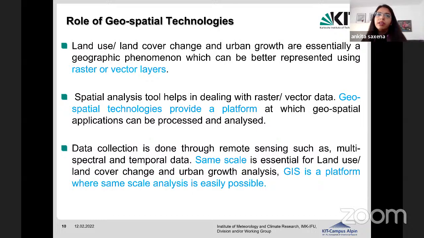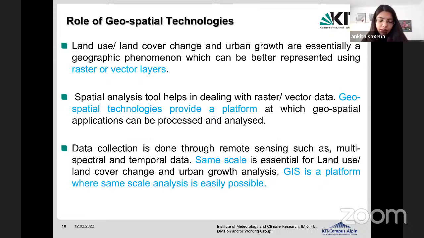But only getting urban information is not enough. It will not serve the purpose of better planning and positioning of things, that is, how urbanization and land use are being changed and will be changed if the present situation persists. So to forecast the future, we need a model.